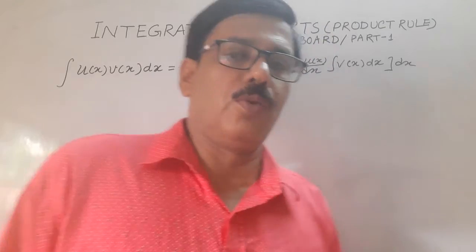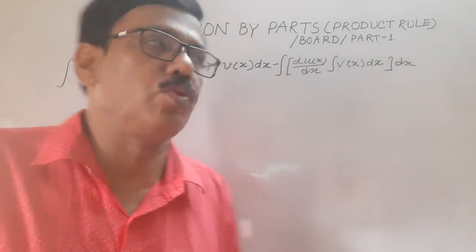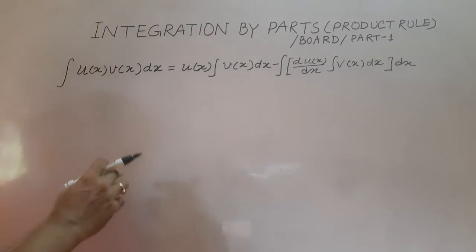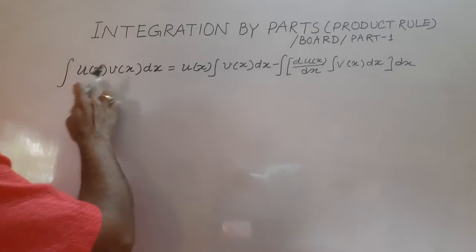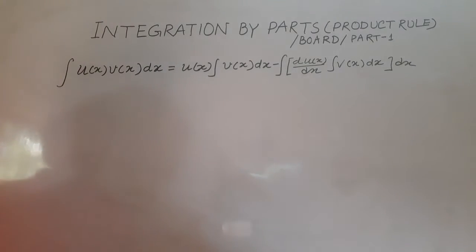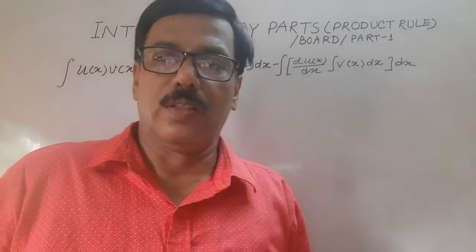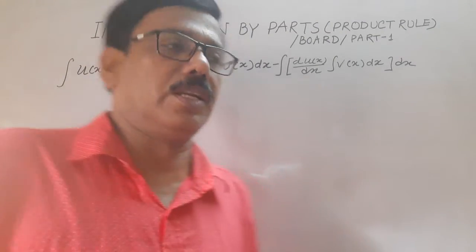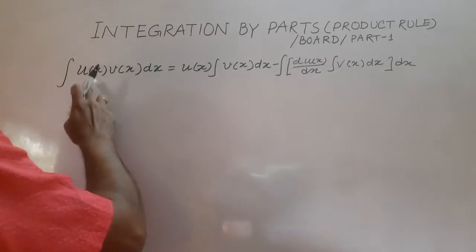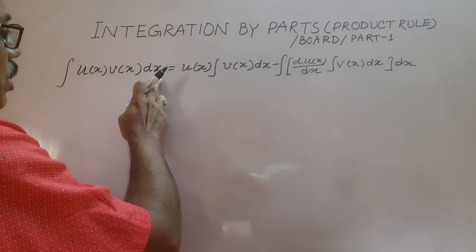So, if u(x) and v(x) are two differentiable functions of x, then the product rule of integration is the integral of u(x) into v(x) dx.